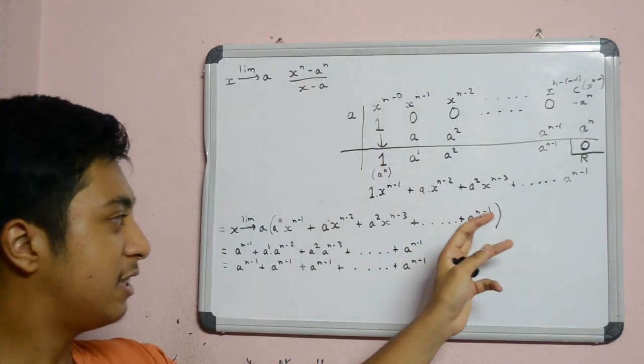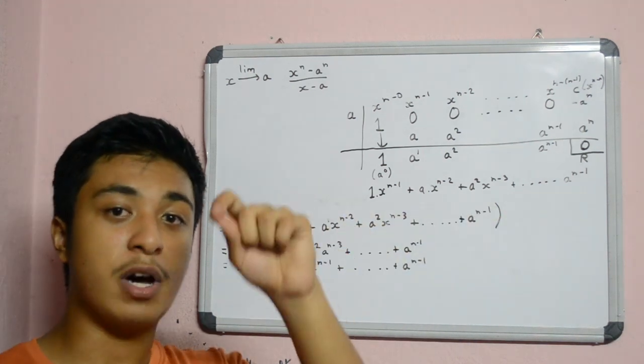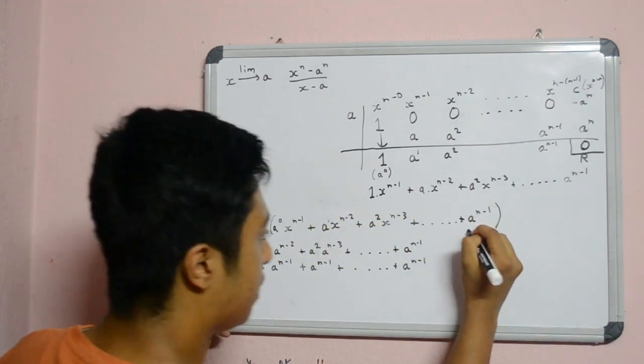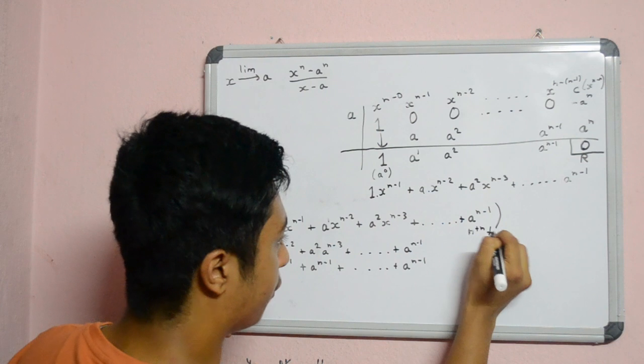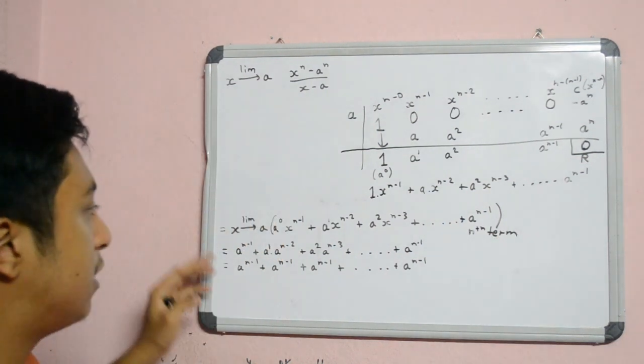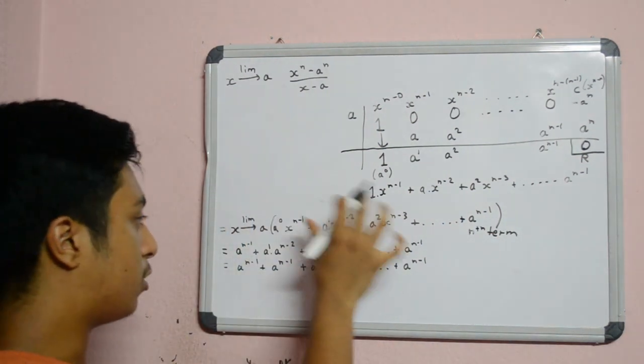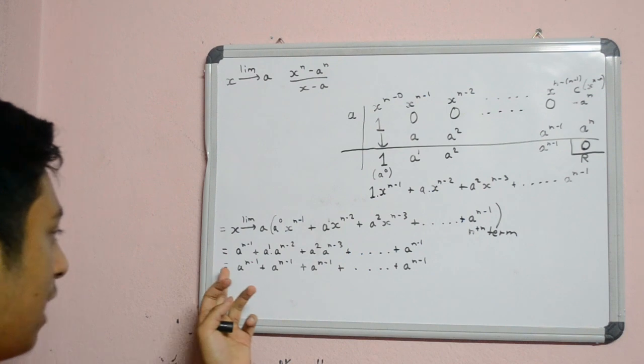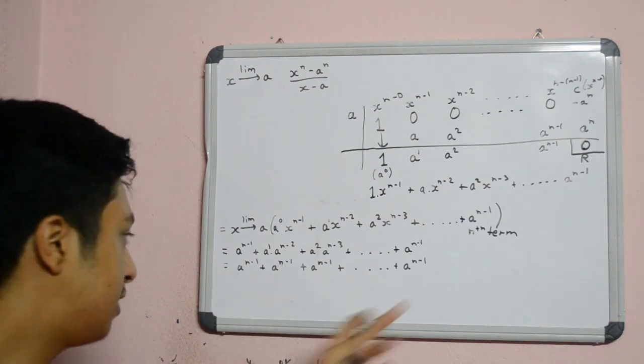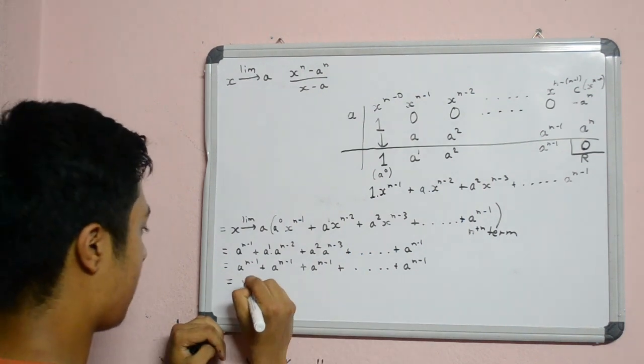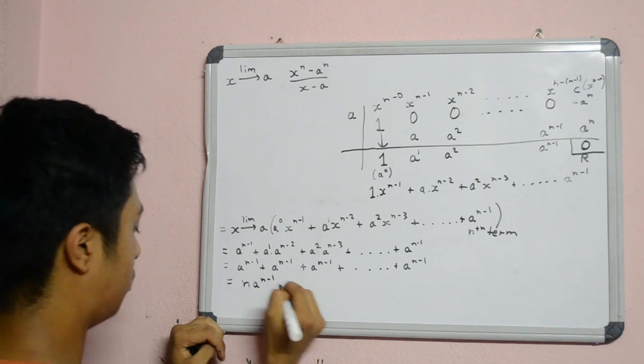That means this is the n minus 1 plus 1th term, meaning this is the nth term over here. That simply means altogether there are n terms, and that means we'll have n times many of this. So we'll just have n times a to the power n minus 1.